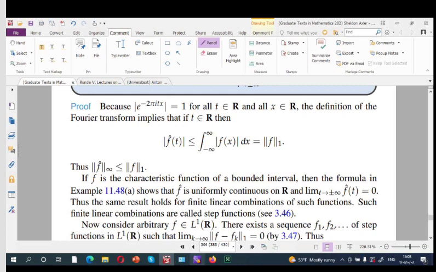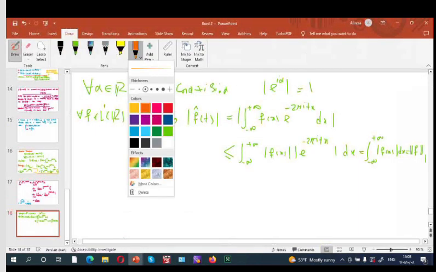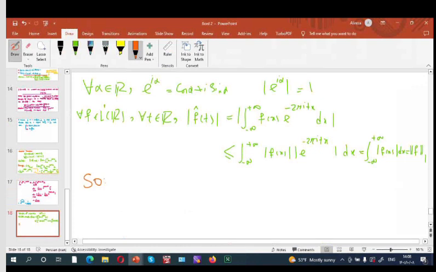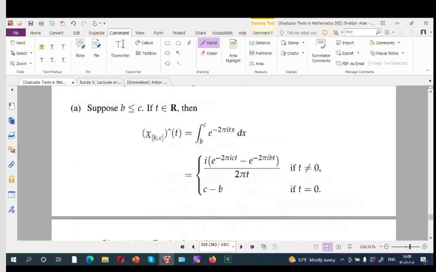And this is very useful, so that for any f in L1 we have this relation. Now if f is the characteristic function of a bounded interval, then from the formula in example 11.48 we see this.